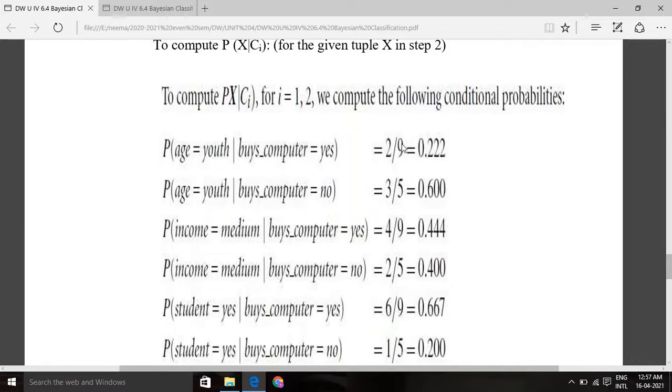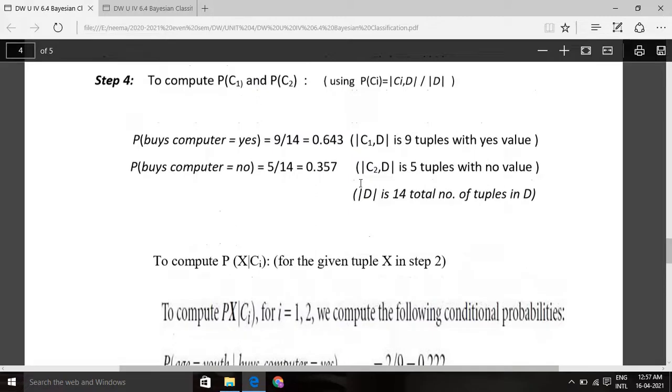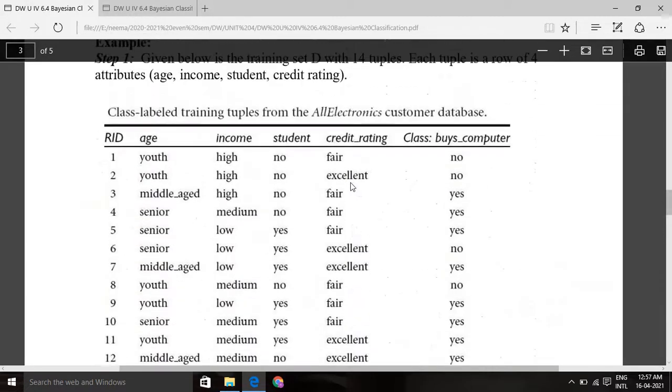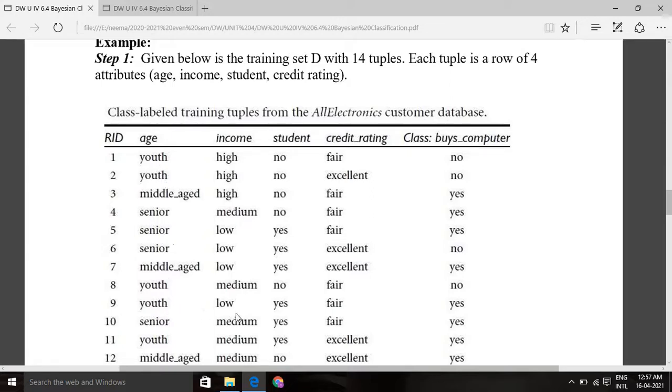Now out of these 9 yes, we have to find how many have age equal to youth and buys computer equal to yes. We can find only 2 records. Age equal to youth and buys computer equal to yes: 1, 2.